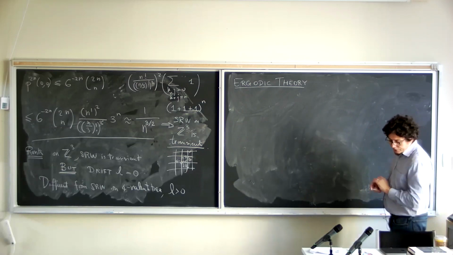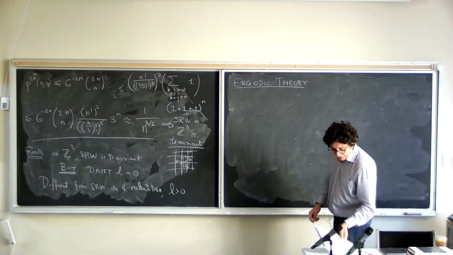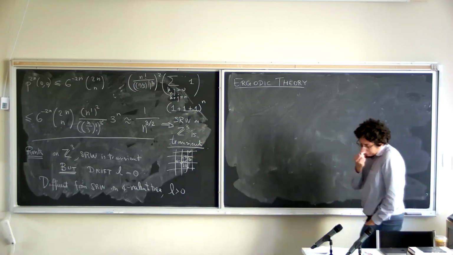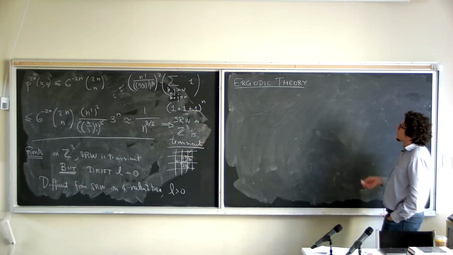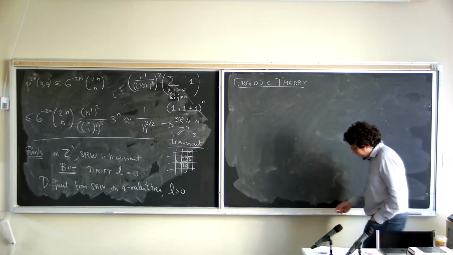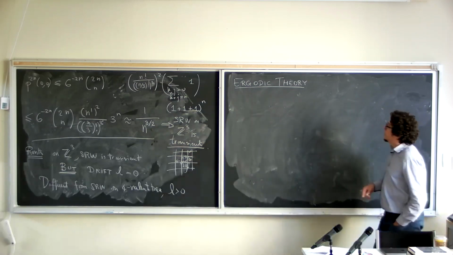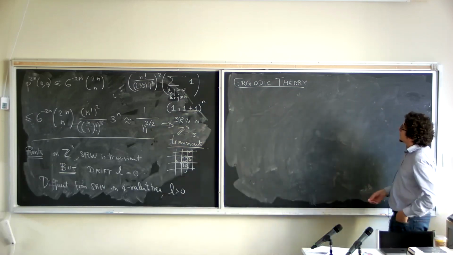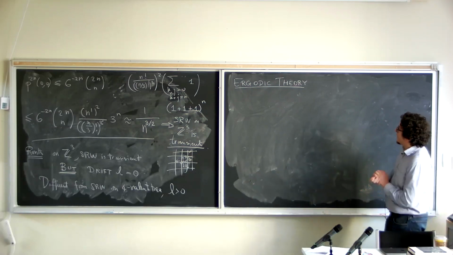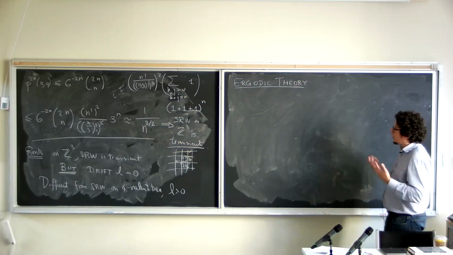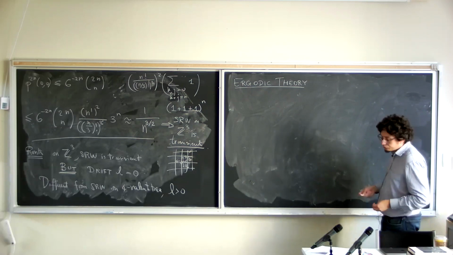Okay, good. Other questions? Okay, so what is the main object of study in ergodic theory? Well, the idea of ergodic theory is studying systems that evolve over time, from a probabilistic or measure theoretic point of view.